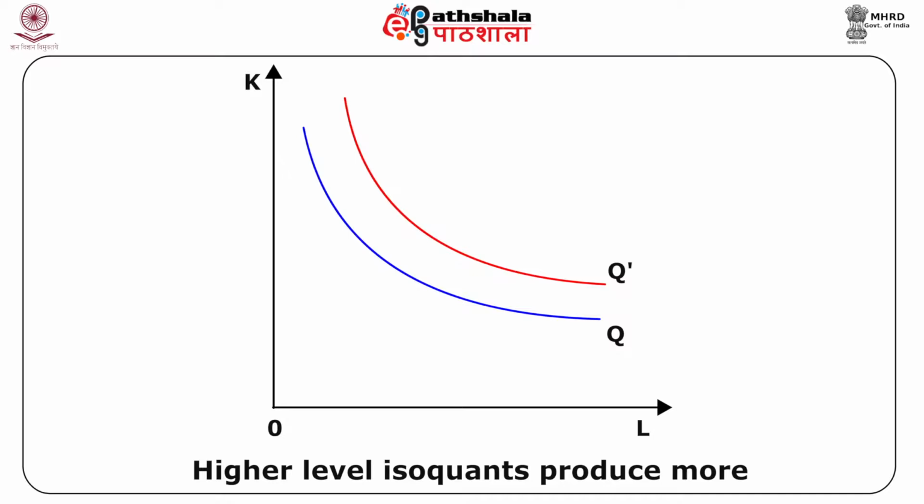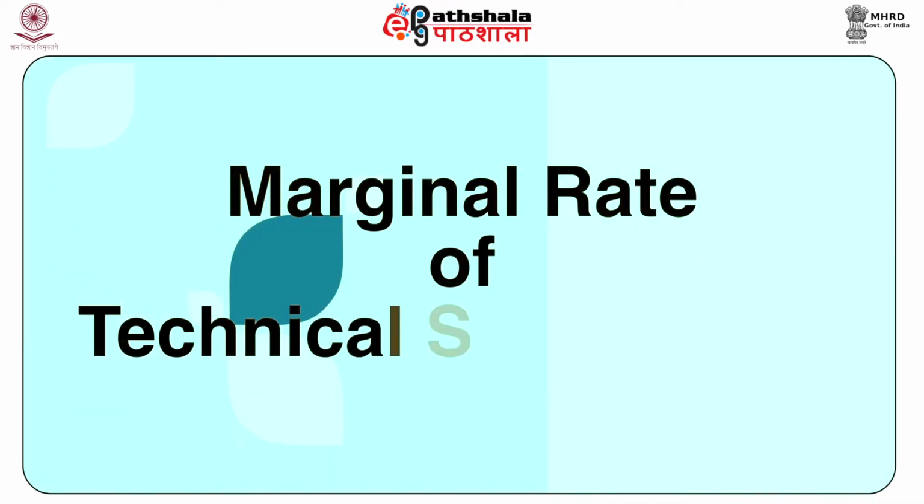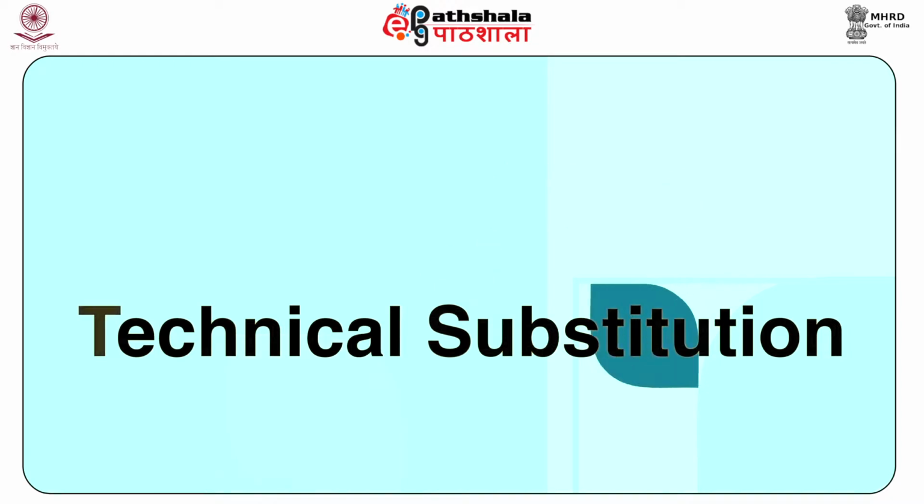We will now examine an important property of isoquants, viz. their slope, and understand more clearly the relation between marginal product and its impact on the shape of the isoquant. The next is marginal rate of technical substitution.